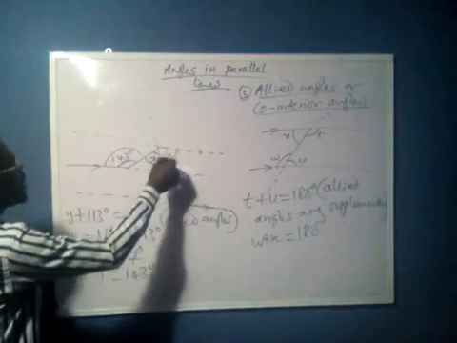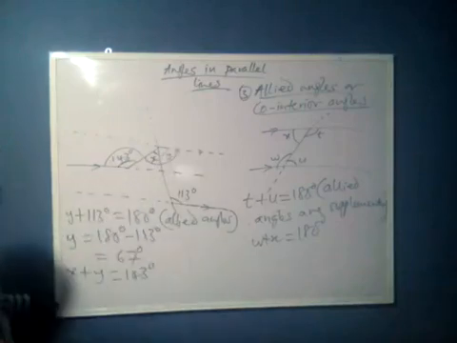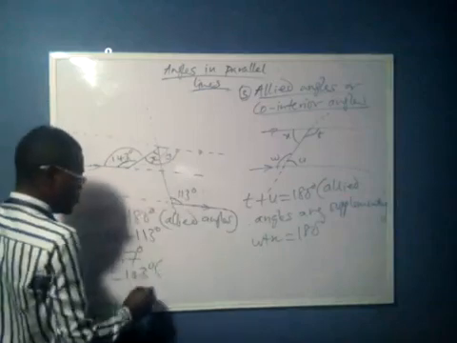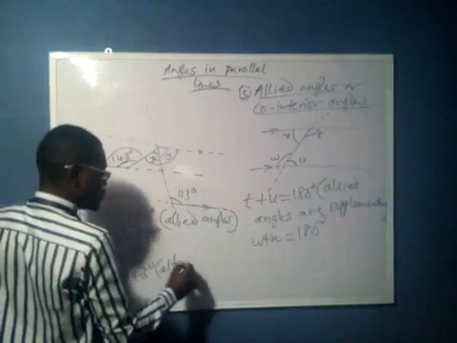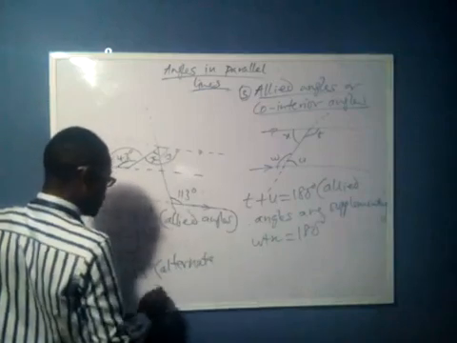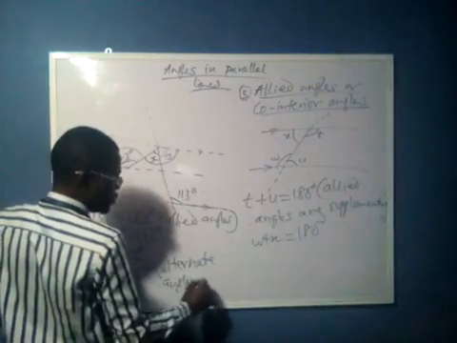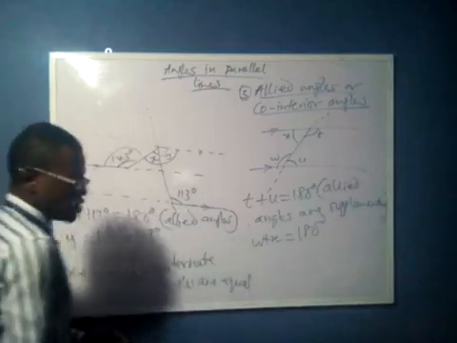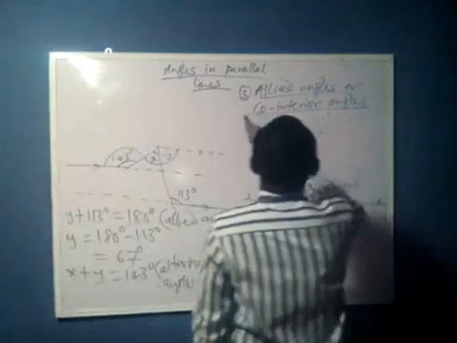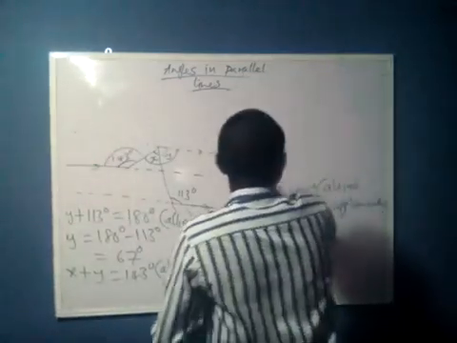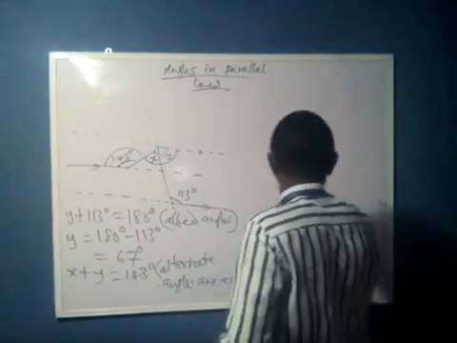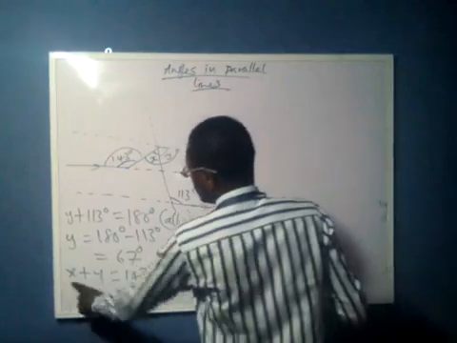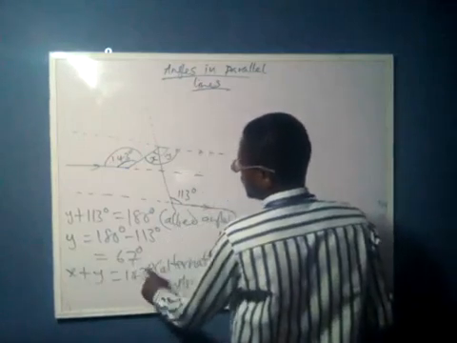X combined with y is 143 degrees. And what's that rule? The rule is alternate angles. Alternate angles are equal. So from there, we've got the value of y to be 67 degrees.